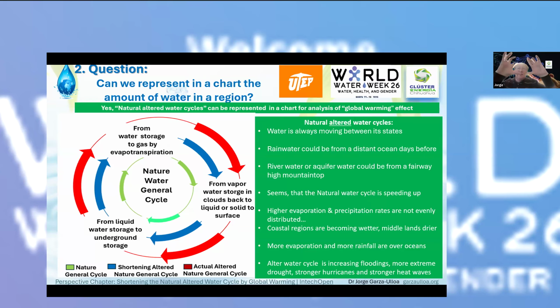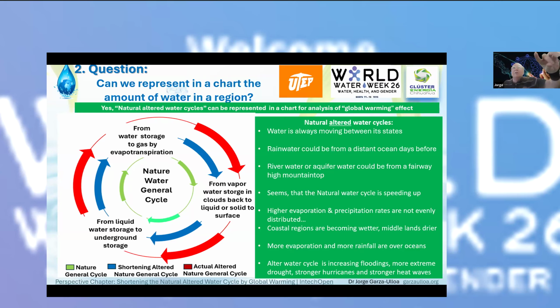Not only on the chart, it's going to increase more in distance because of the evaporation, the air, everything moving around, and we call it the altered natural water cycle. And today it has increased a lot. It's in red. That means the natural water cycle that we had about 100 years ago is smaller than the one that we have today.